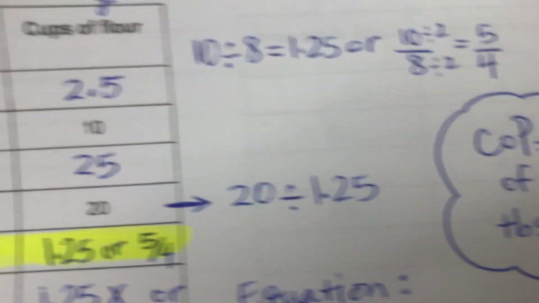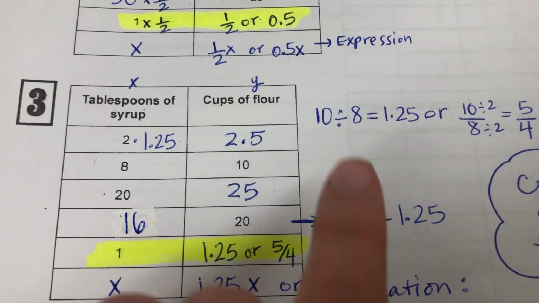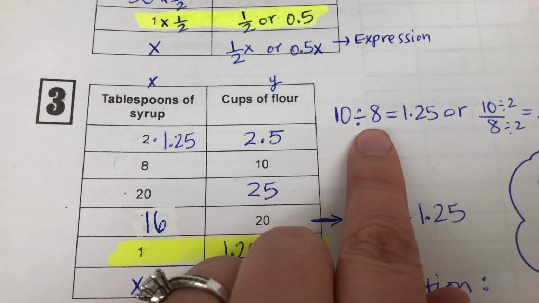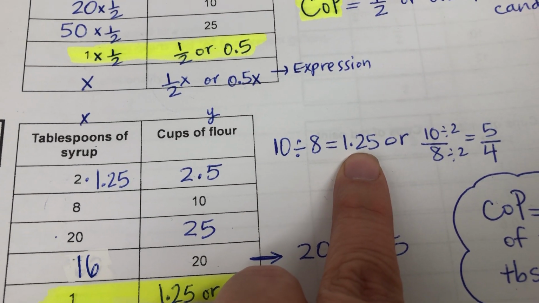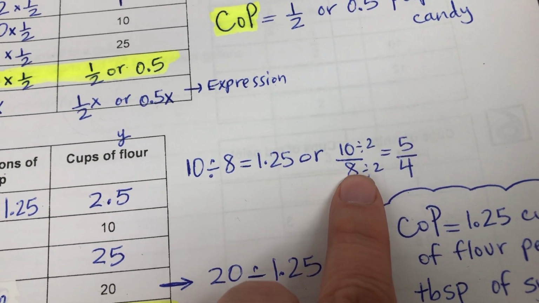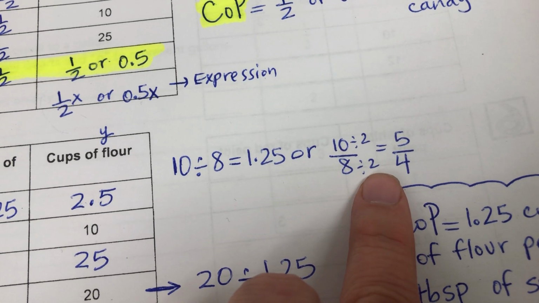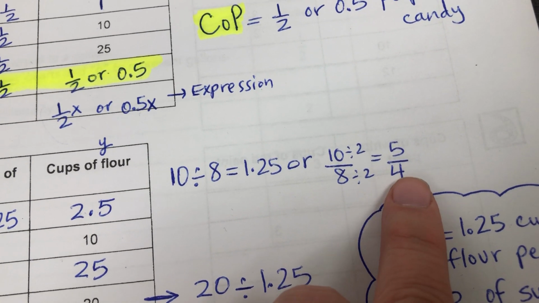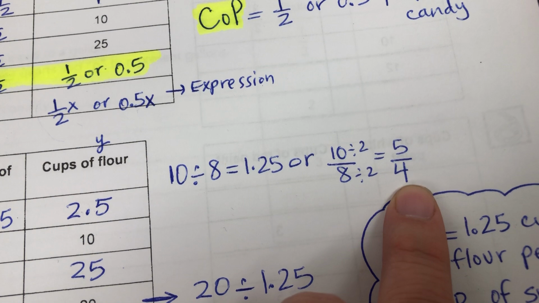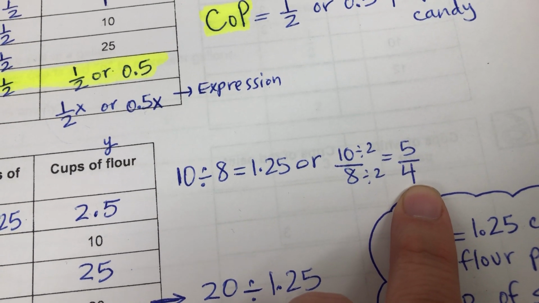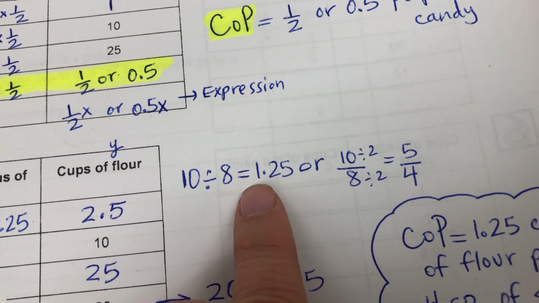And here are the answers. So 10 divided by 8 gives us 1.25. Or we can write 10 over 8 and simplify it by 2, which will give us 5 over 4, or 1 1/4, which is equivalent to 1.25.